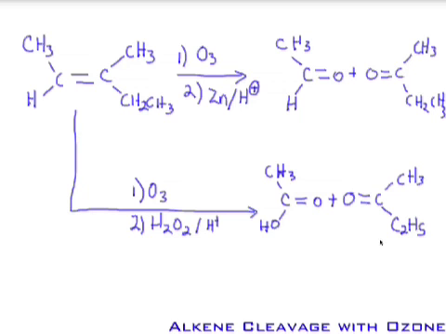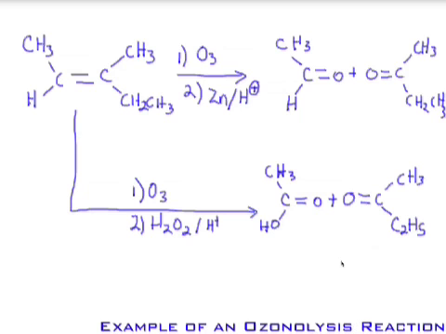Now you can get some very interesting products happening when you do reactions like this. For example, what if you have a fused ring like this, which has alkenes here and here?